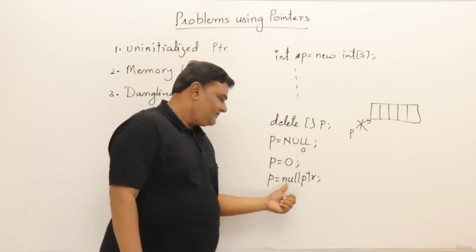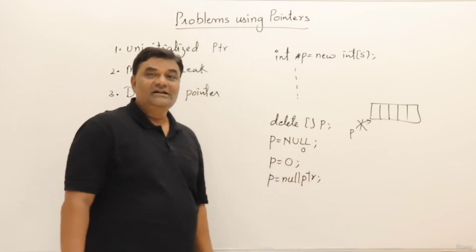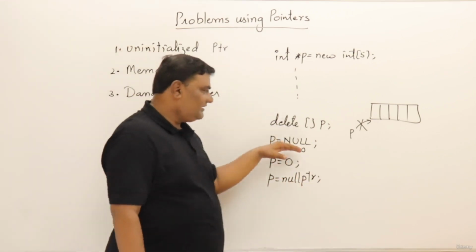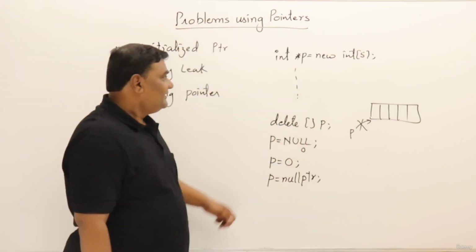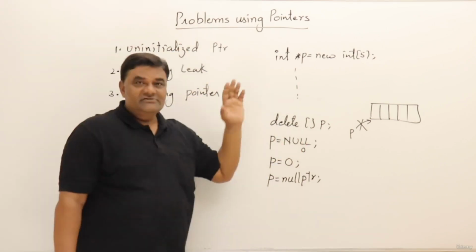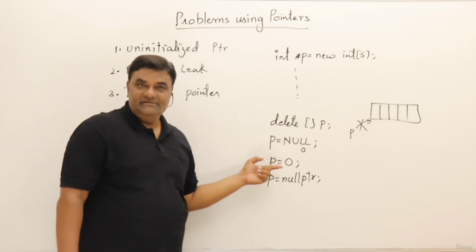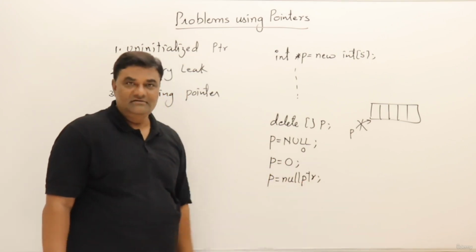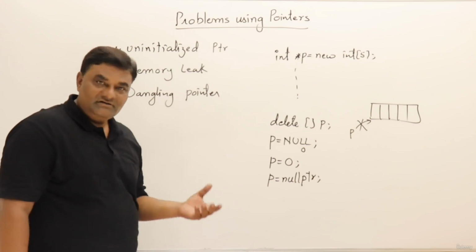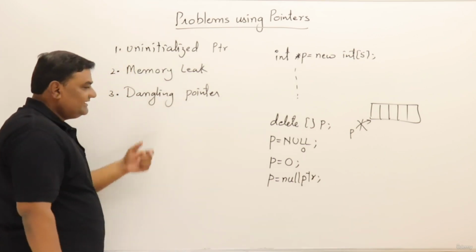So in modern C++, it is suggested you use nullptr whenever you have to write null. Avoid using NULL. Back to this memory leak: the conclusion is you must delete the memory when you are not using it, before making a pointer null.